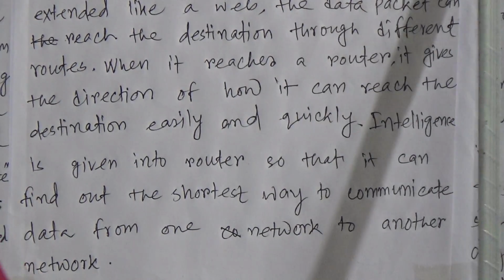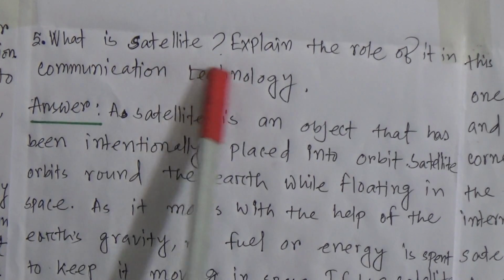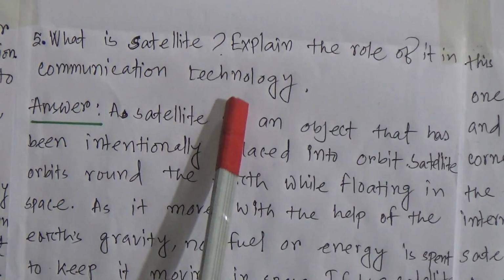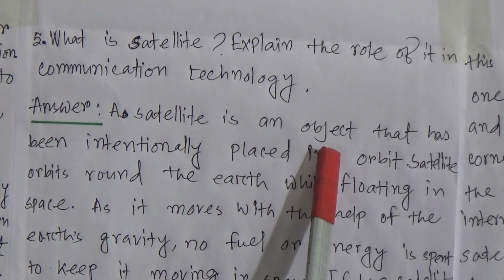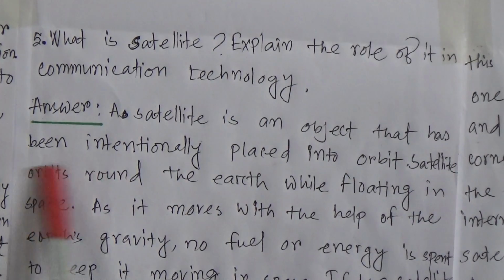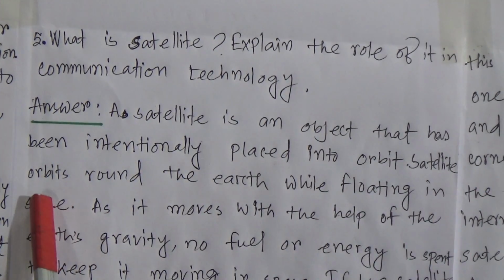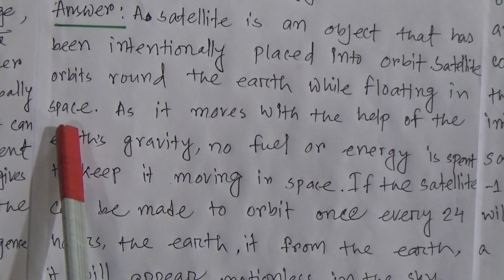Now we'll start question number 5. Question number 5. What is satellite? Explain the role of it in communication technology. Answer. A satellite is an object that has been intentionally placed into orbit. Satellite orbits around the Earth while floating in space.